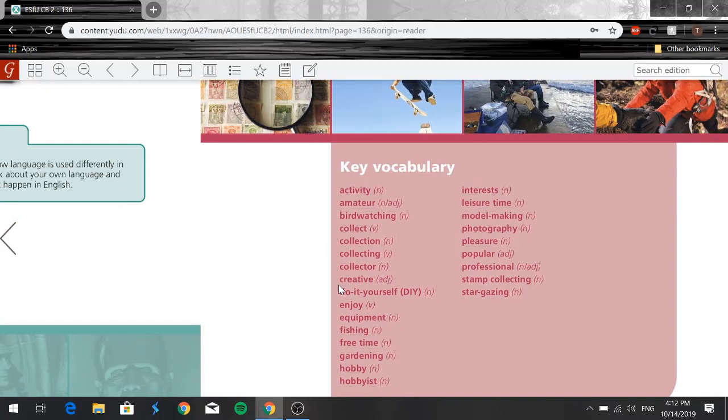We have activity, amateur, bird watching, collect, collection, collecting, collector, creative, do-it-yourself, DIY, enjoy, equipment, fishing, free time, gardening, hobby, hobbyist, interests, leisure time, model making, photography, pleasure, popular, professional, stamp collecting, stargazing.